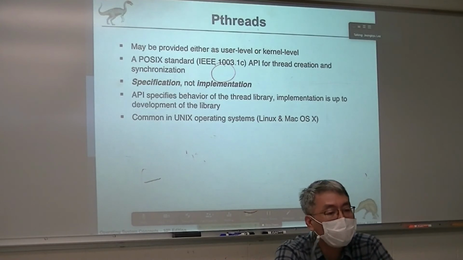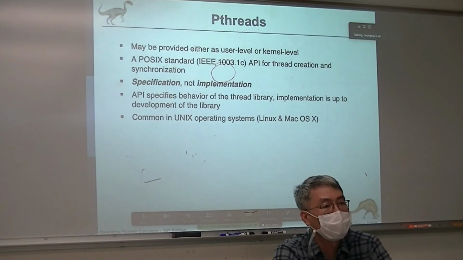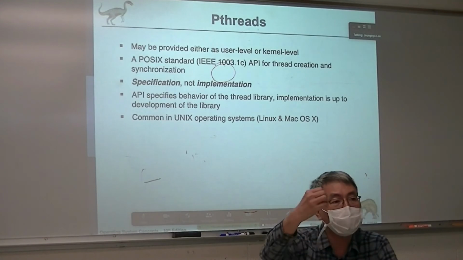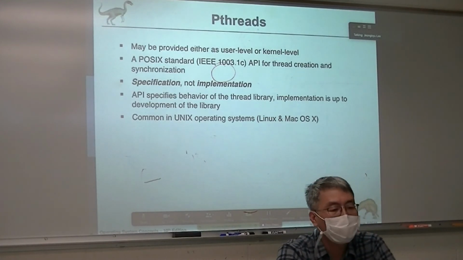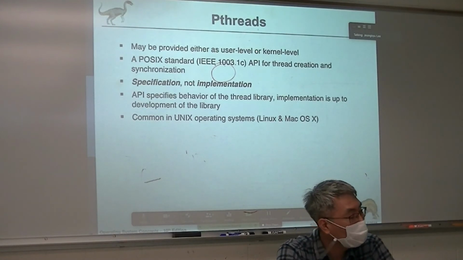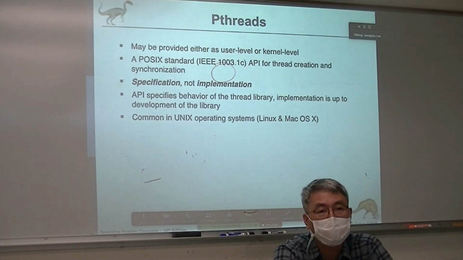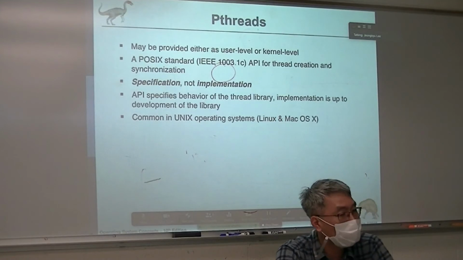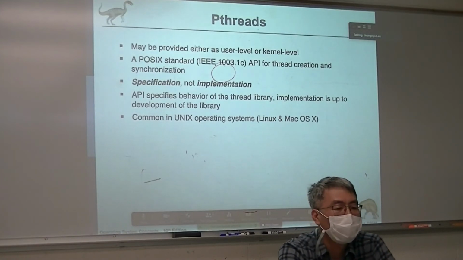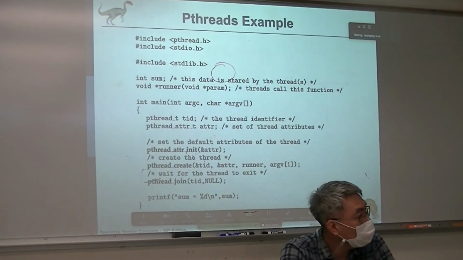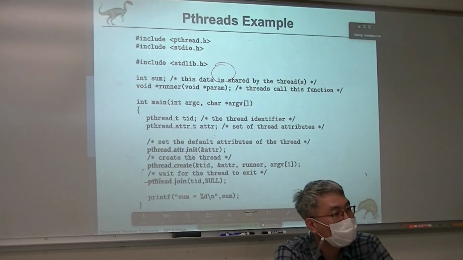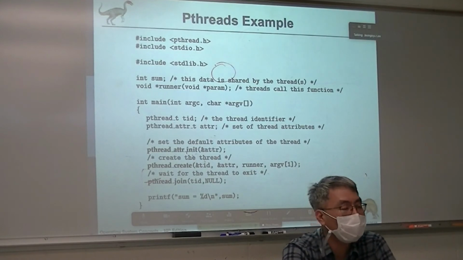POSIX thread is a kind of standard, so each operating system that follows it can implement the thread library. Most Unix systems, Linux, and Mac OS follow the POSIX Pthread library. Some of them are compatible, but not always, so you need to recompile, or you need to use a different name of a system library.